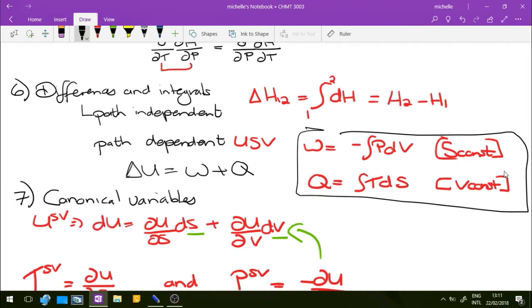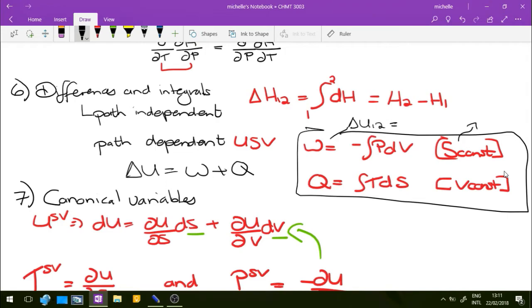So on the work path where you found w, entropy S was constant, but also q was 0, because in this u path your delta u12, your q term was 0.